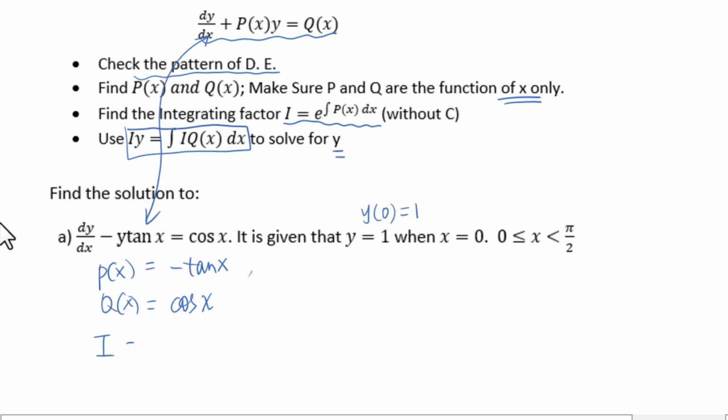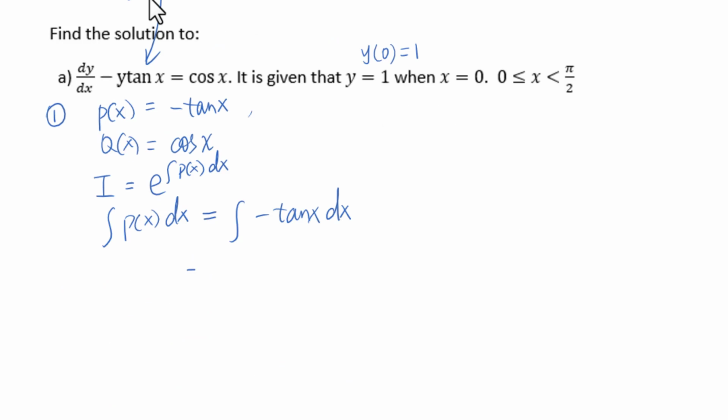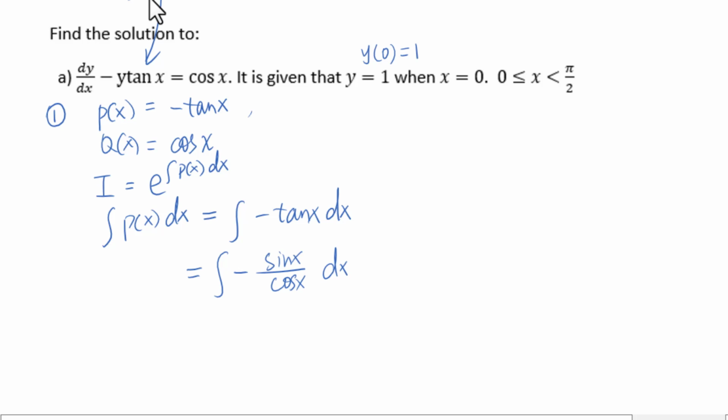Then I equals e to the integral p of x dx. We work on the integral p of x dx separately. So we get the integral of negative tangent x dx. This equals the integral of negative sine x over cosine x dx.